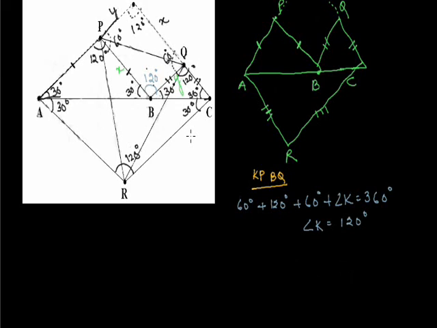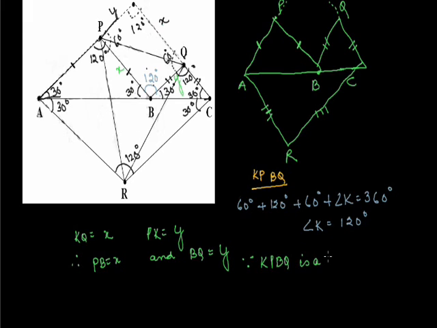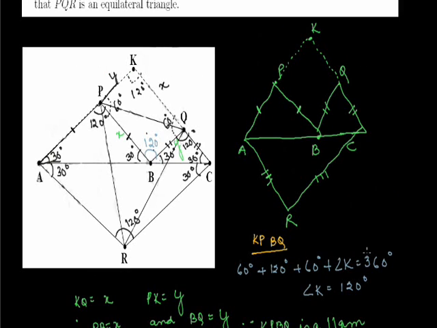I'll be writing it as side KQ is equal to X and PK is equal to Y. Therefore, PB is also equal to X and BQ is also equal to Y, since KPBQ is a parallelogram.